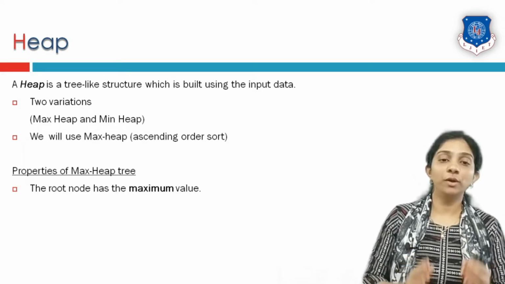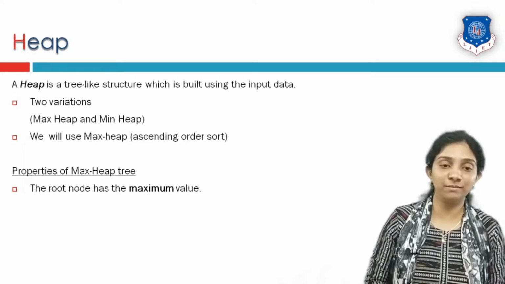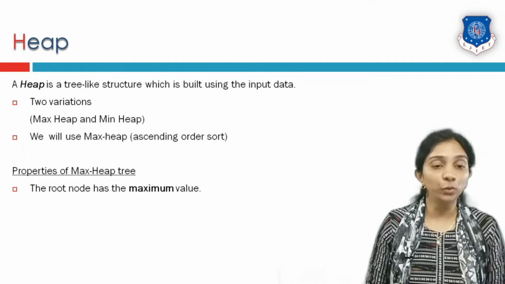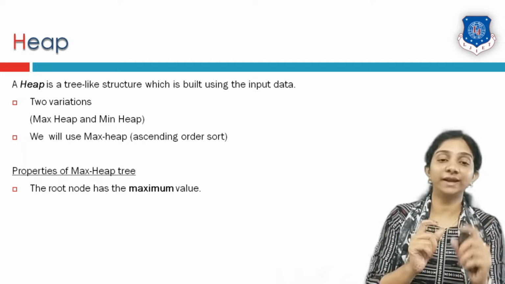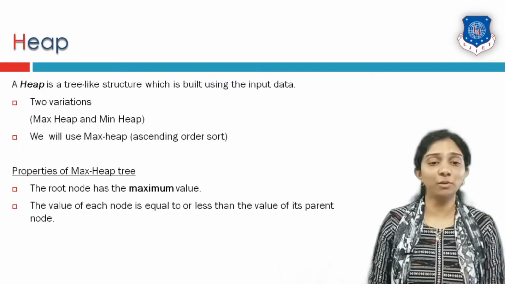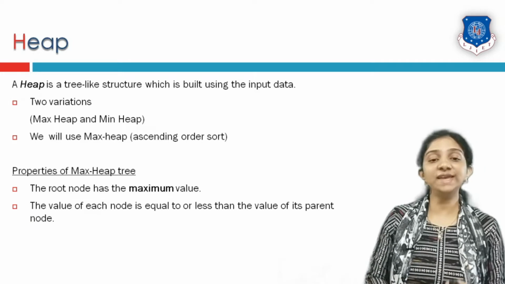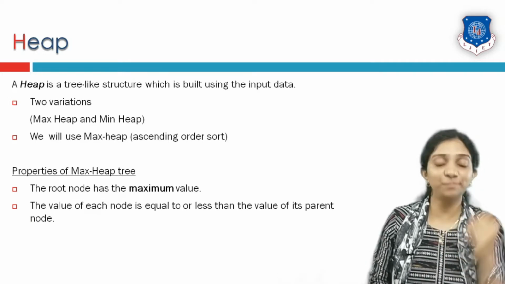The maximum element will sit as the root node. So the element at the root must have the greatest value among all its children. Second property: the value of each node is equal to or lesser than the value of its parent.